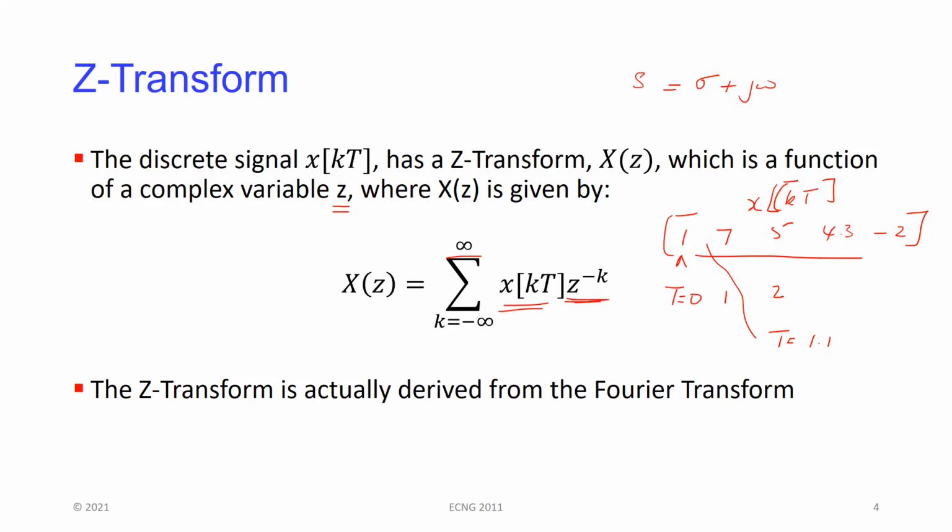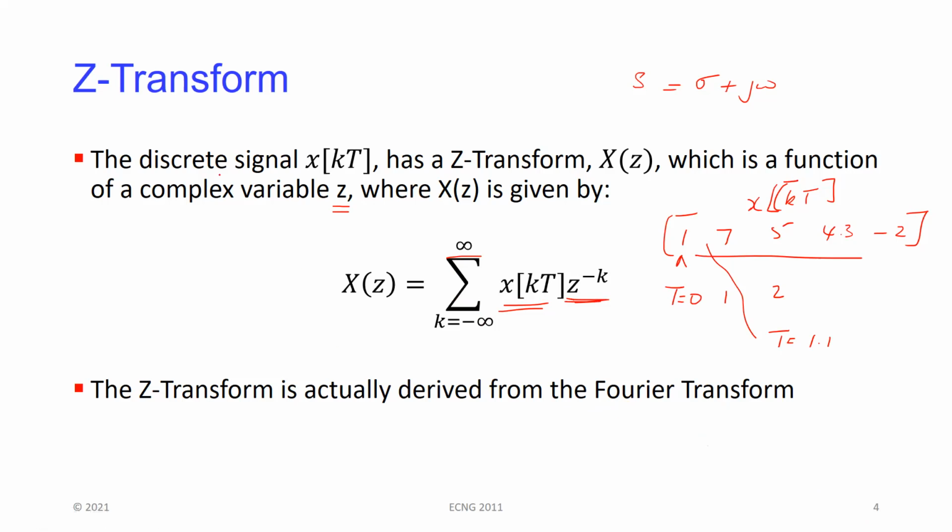Later on, if any of you take discrete signal processing, ECNG2011, you will actually see how it is really related to the Fourier transform. That's how the Z transform kind of comes about.